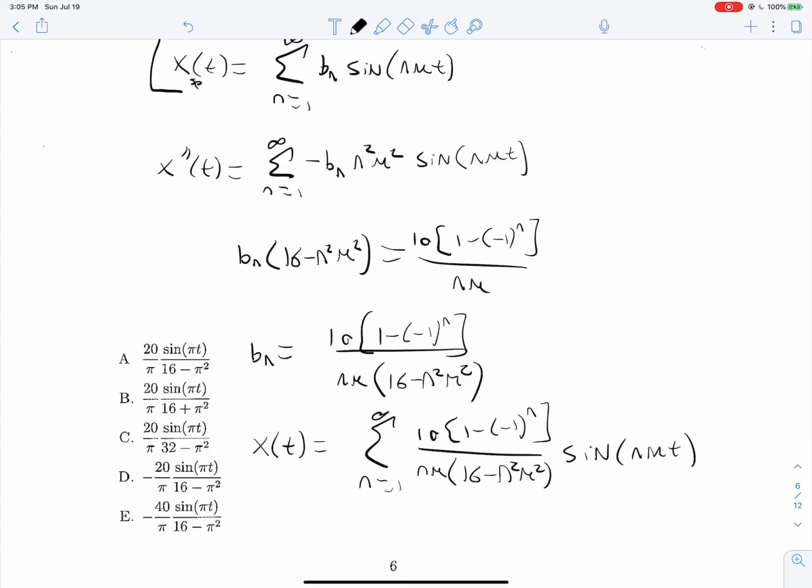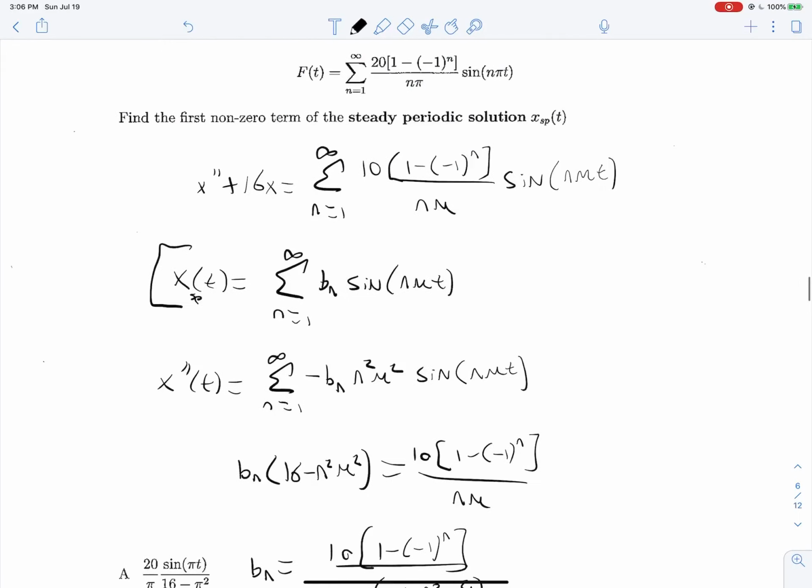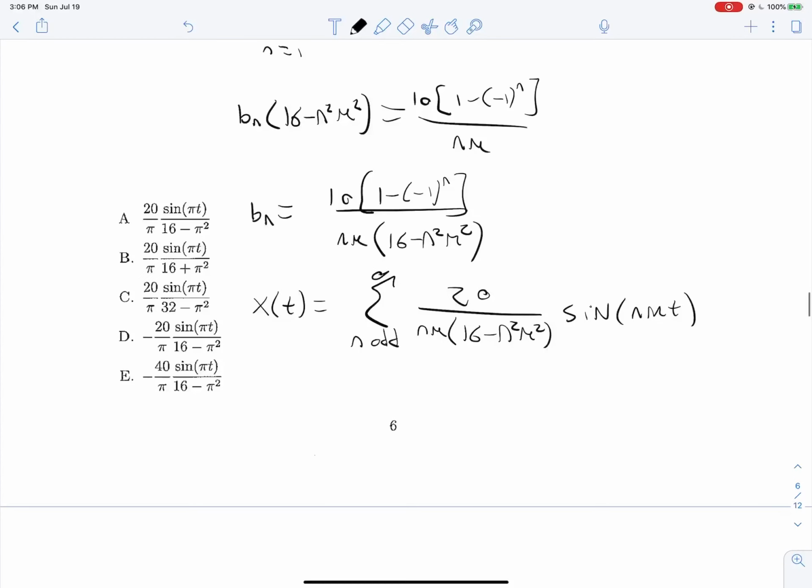Awesome. And whenever we have 1 minus negative 1 to the nth power in this final form, we can make our lives slightly easier by getting rid of it, multiplying the numerator by 2, and changing this to n odd. Because that 1 minus negative 1 to the n component will evaluate to 2 whenever n is odd and 0 otherwise. So what will the first non-zero term of our steady periodic solution be?